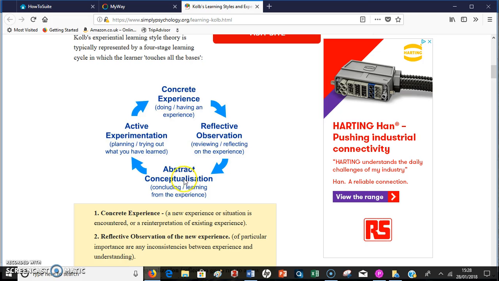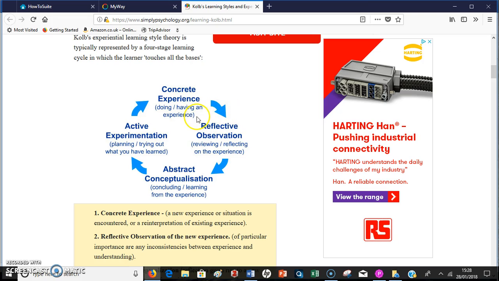There are various slightly different terms for this, depending upon which text you read, and then active experimentation. But the main thing is that you go in this kind of cycle.